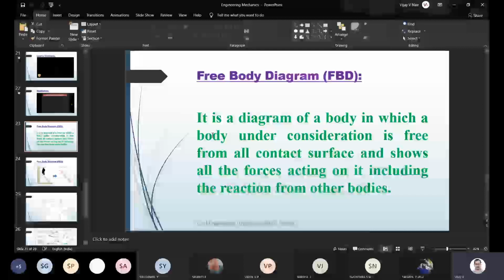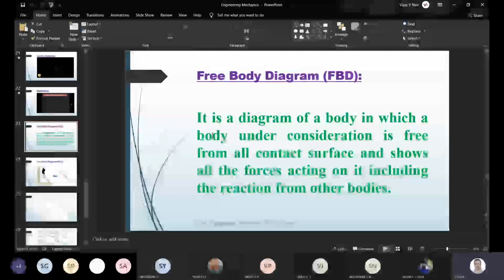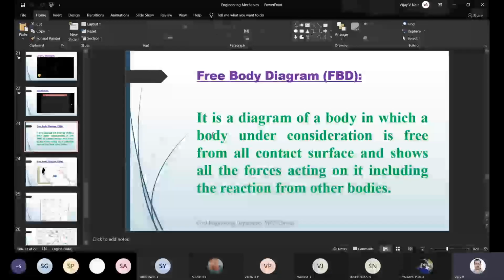For example, I gave you the example of a person standing on a ladder. In the diagram I showed on the left side, I showed the floor, the wall, the ladder, the load acting on it, the forces exerted on the wall and the floor, and the reactions exerted by the wall and floor on the ladder.